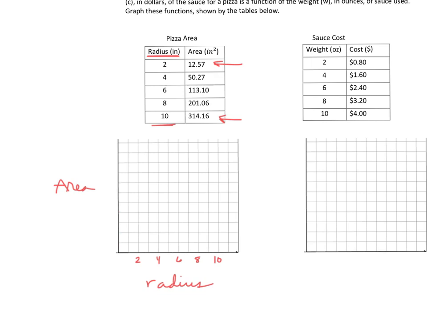Okay, so if we count by 50, this would be 50, 100, 150, 200, 250, 300, 350. We wouldn't have to go any higher than that. Will that work? It'll work. You might not have perfectly exact answers, but it will totally work, right?